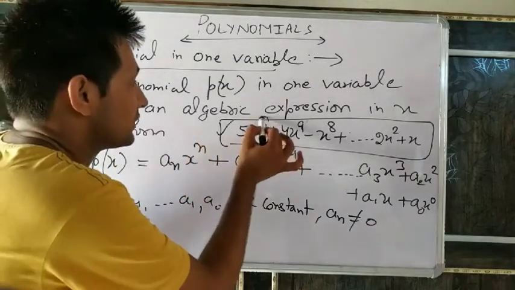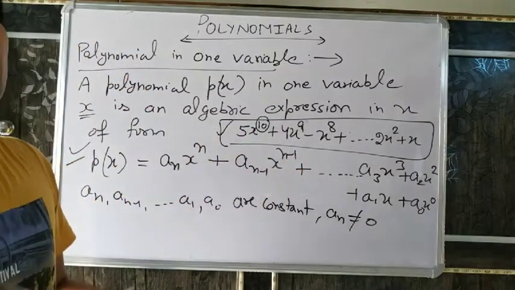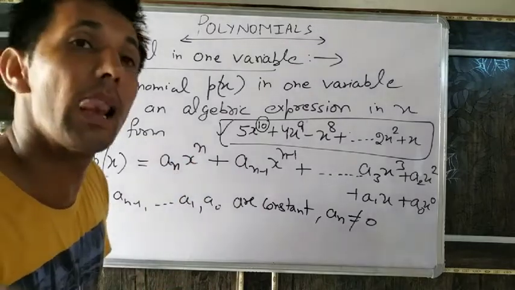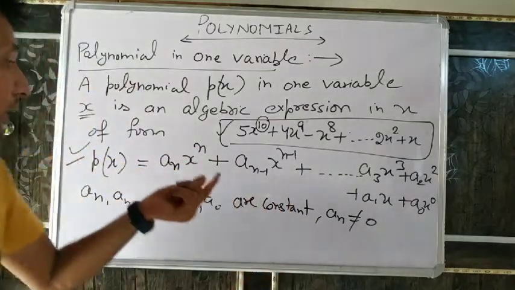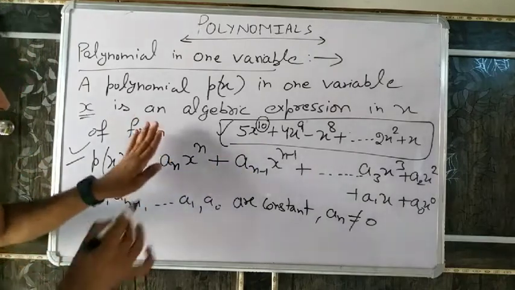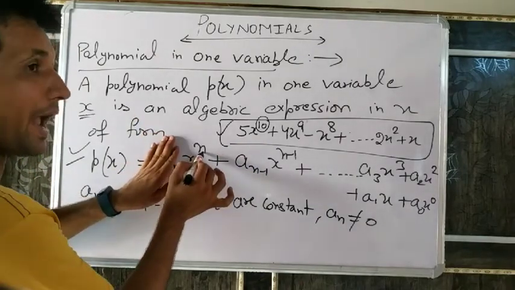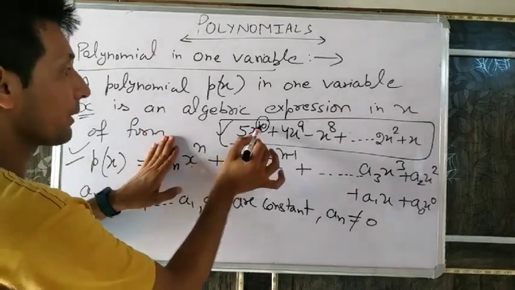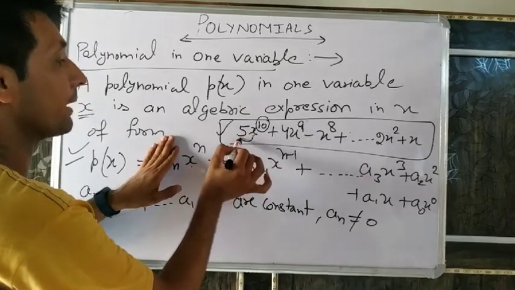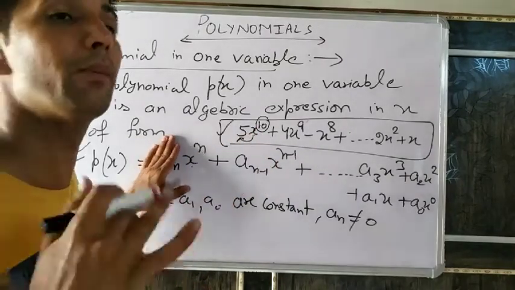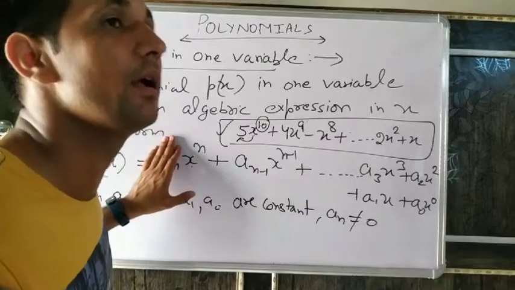Here the power of x may be 10, may be 11, may be 1 lakh, may be 2 lakh. So I discuss here the general case, x raised to the power n multiplied by some constant number, maybe 5, maybe 10, maybe lakh, maybe 2 lakh.